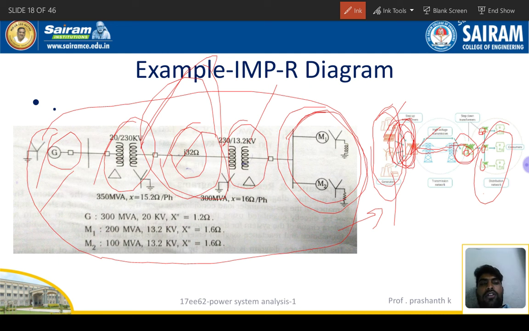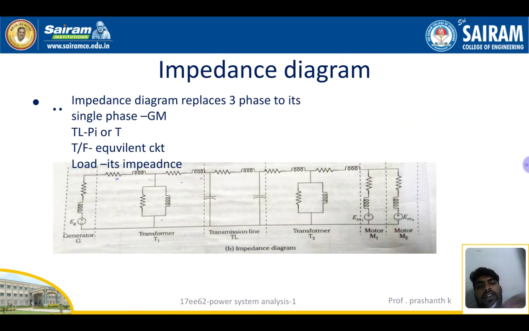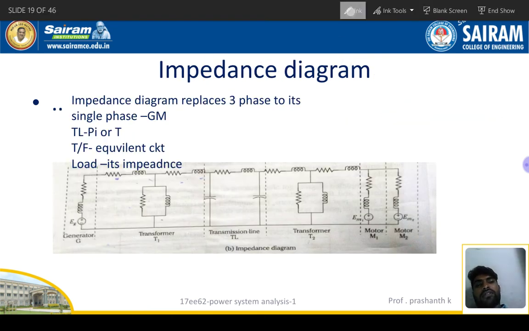So let's move on to the impedance diagram. I will draw it. This part is 1, this part is 1, this part is 1; in total 5 parts will be there. The impedance diagram for the previous single line diagram is this one. This one is a generator, and impedance will be there, resistance and reactance. This one is a transformer, not transmission lines.